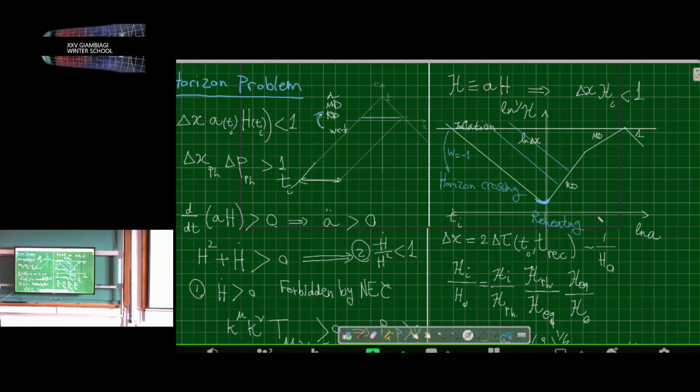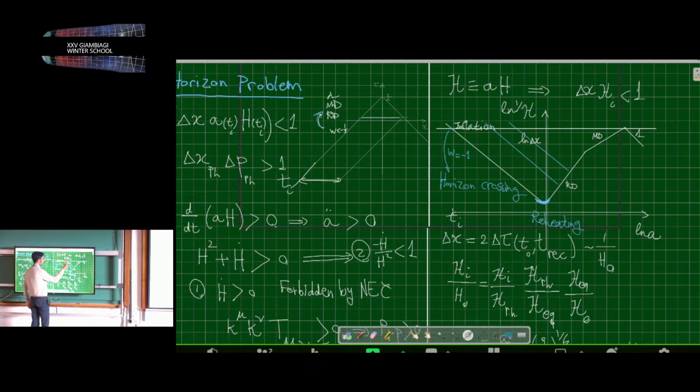Other questions? Yes? Sorry, say again. These blue lines?